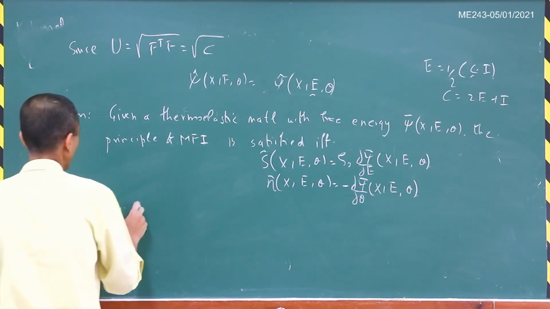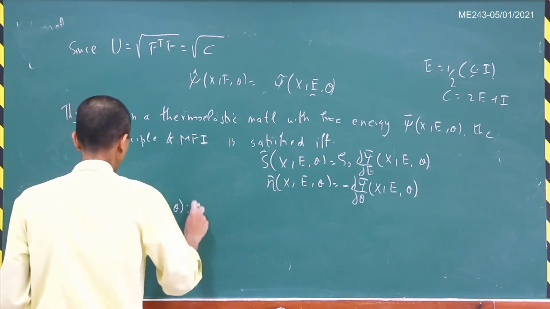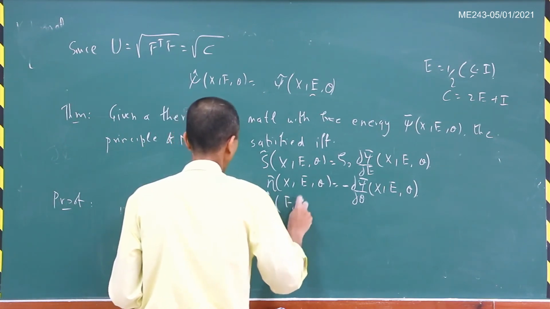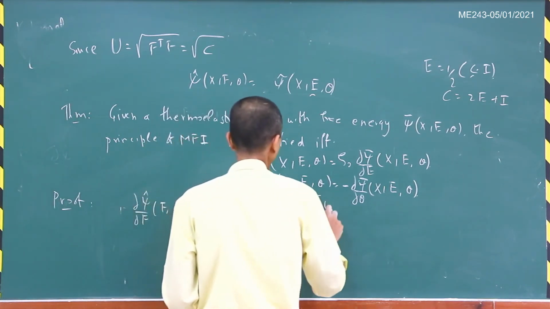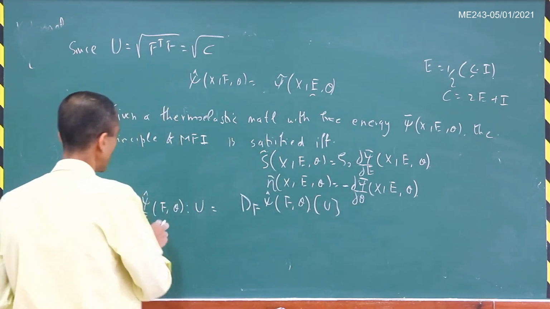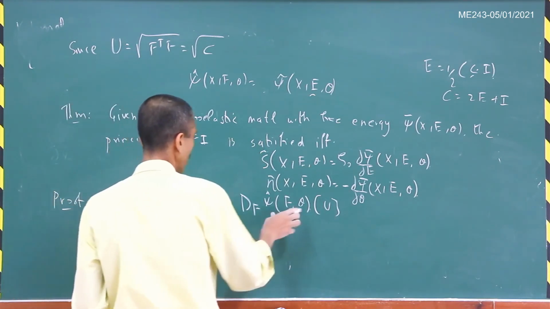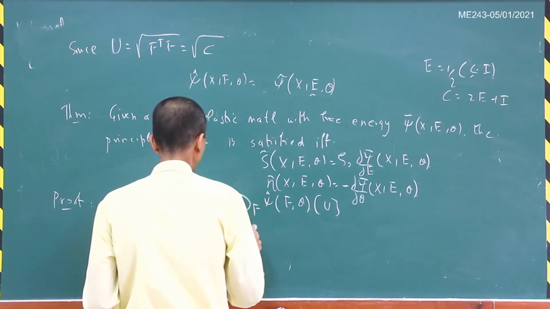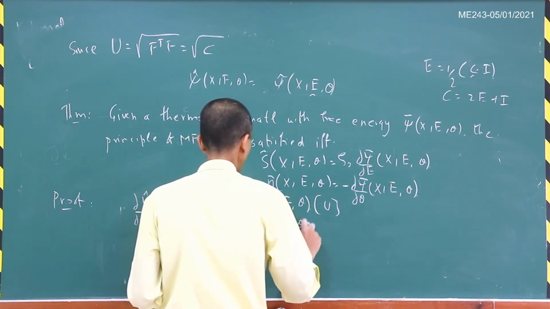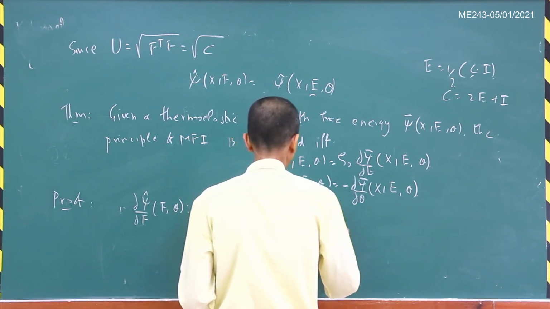So del psi by del F of F, theta in the direction U is D_F of psi tilde of F comma theta in the direction of U. This is just the definition of the gradient with respect to F. So this is nothing but the first theorem of stress. Okay, so we are writing this in terms of the directional derivative. So this is D_F of psi tilde of E comma theta. So this is the chain rule. So this is in the direction of U.